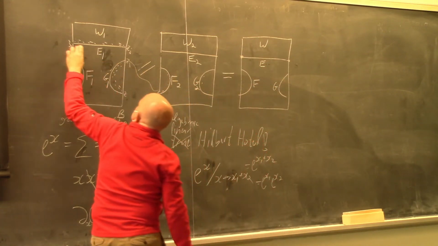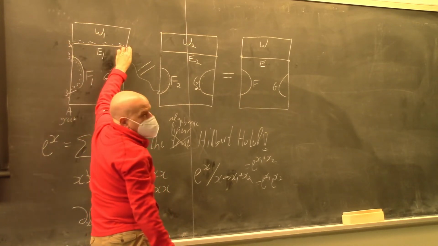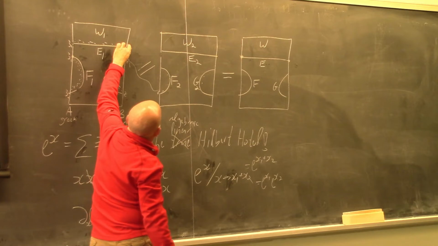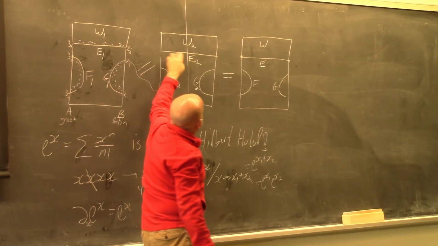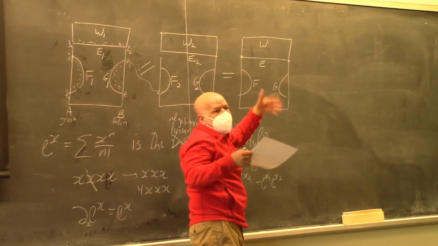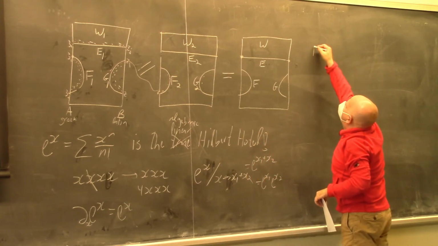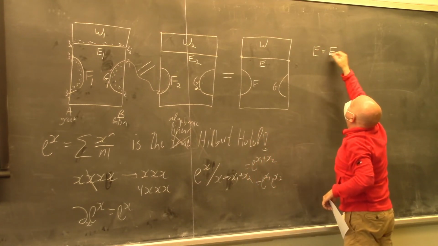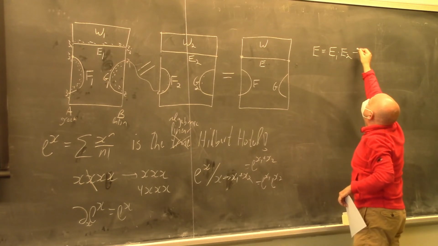So one possibility is to start here, go through E1, now I'm here, now pair this Z with a zeta which belongs to E2, and then I come out, and nothing gets glued on the right, so once I'm out, I'm out. Therefore, one contribution to E is multiplying the matrix E1 with the matrix E2.